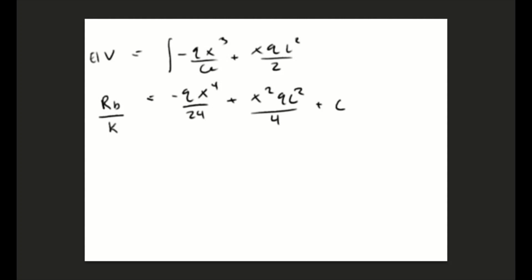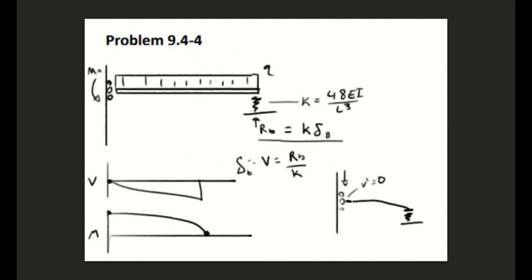So now, let's see, if we start plugging a couple things in, we got negative QL^4 plus QL squared over 4 plus C. Okay, and then we're looking at this RB over K. Now if we can jump back and forth a little bit, we know what K is, right?